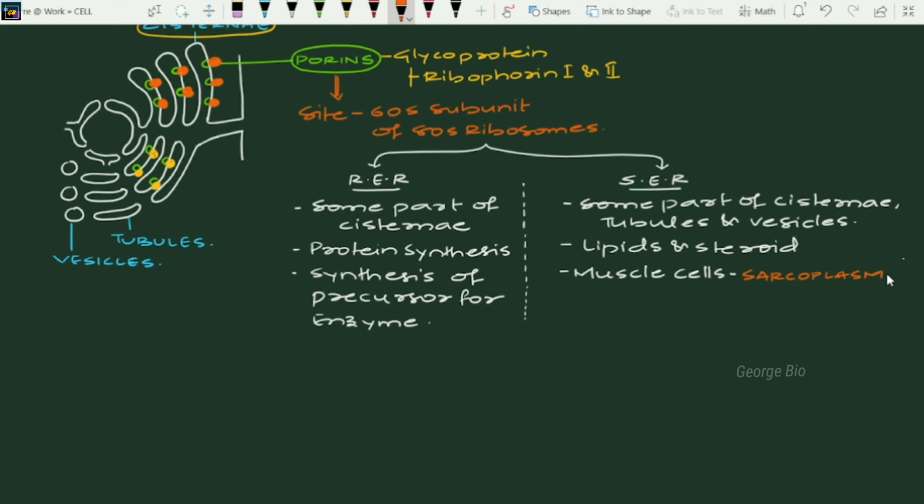It helps in the uptake and release of calcium during muscle contraction.